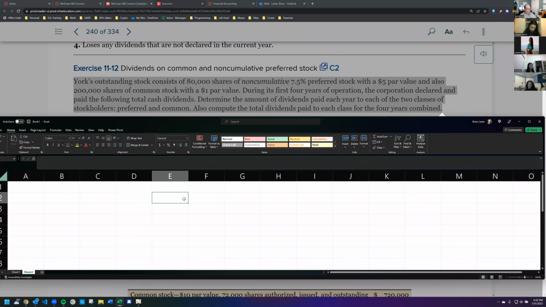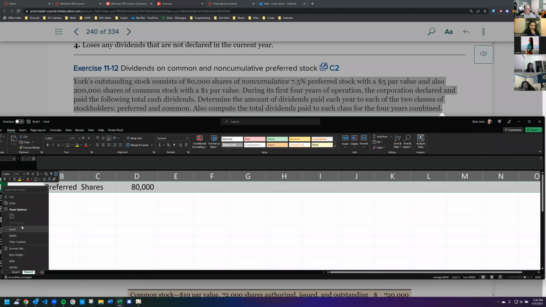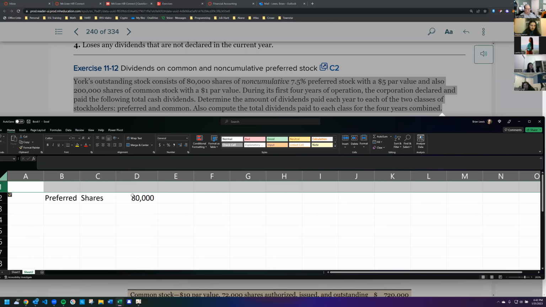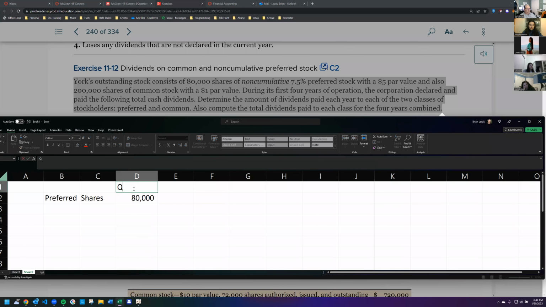Okay. So we have 80,000 shares of non-cumulative preferred with a par value of $5. I'm just putting this in here so I can refer to it later if I need to.